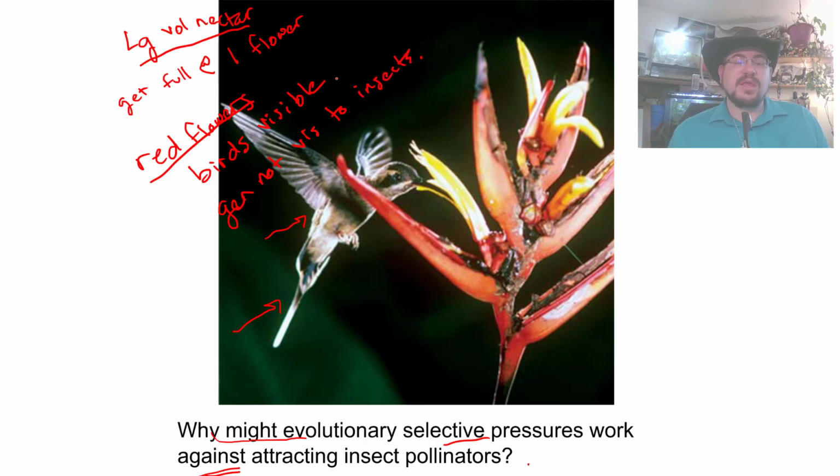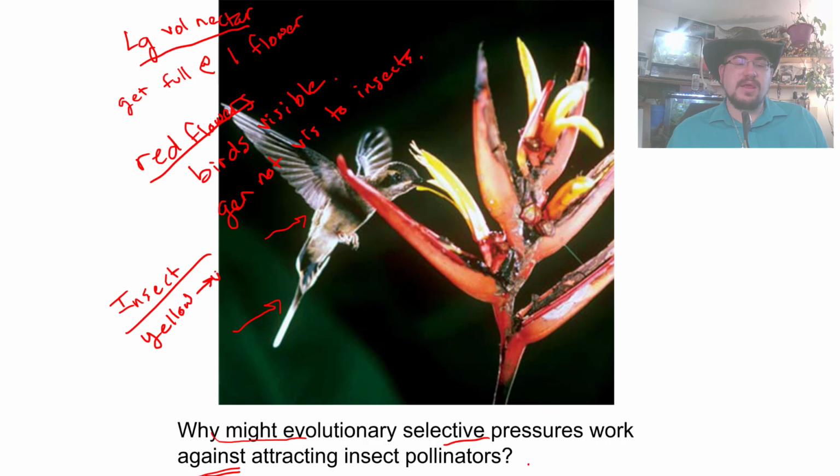So this is great because your red flower, right, will attract bird pollinators to it, but will look bland to insect pollinators, and it will be less likely to transfer it. Right? So in insect pollinated plants, you often see a lot of yellow flowers.